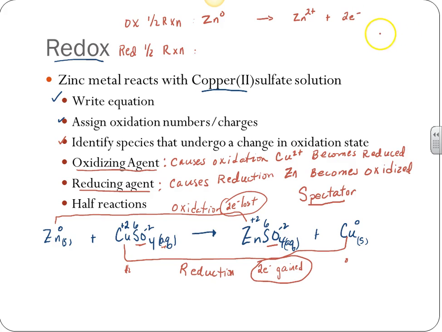Okay. That is the oxidation half reaction. The reduction half reaction is going to be copper 2+ yields Cu0, so we're writing the species in its original form and then in its reduced form. And we're going to add 2 electrons.